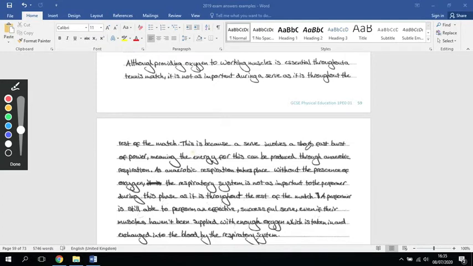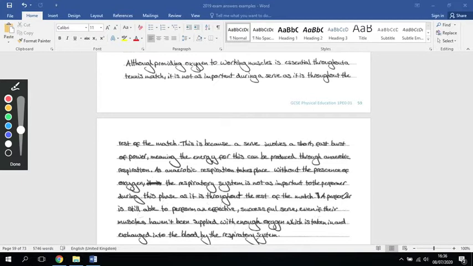This is because serves involve short, sharp bursts of energy and power, meaning that energy can be produced through an anaerobic respiration system, because we know that anaerobic is where we use less oxygen, which is very good. Now, it talks about the presence of oxygen here within the AO2, and in order to achieve it properly, it talks about the rest of the match, the way in which it is applied, guys.